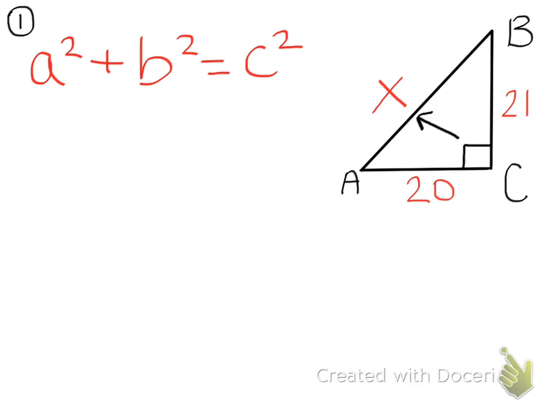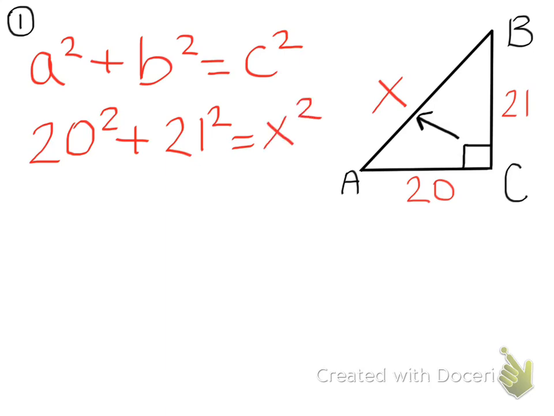That just means our leg squared, which is 20 squared, plus our other leg squared, which is 21 squared, is equal to c squared, or in this case I wrote x. It doesn't matter, you could leave it as c squared or write x squared. I'm going to write x squared.